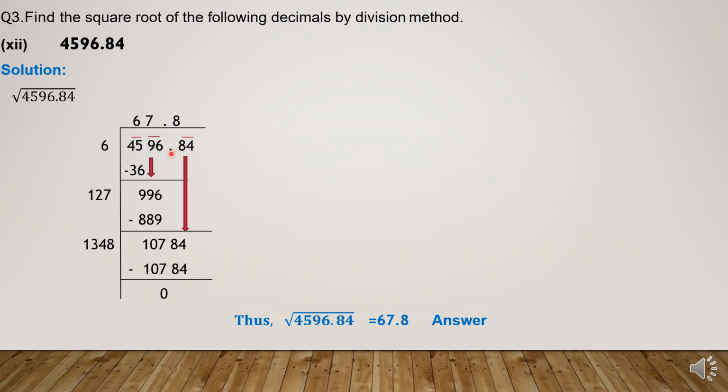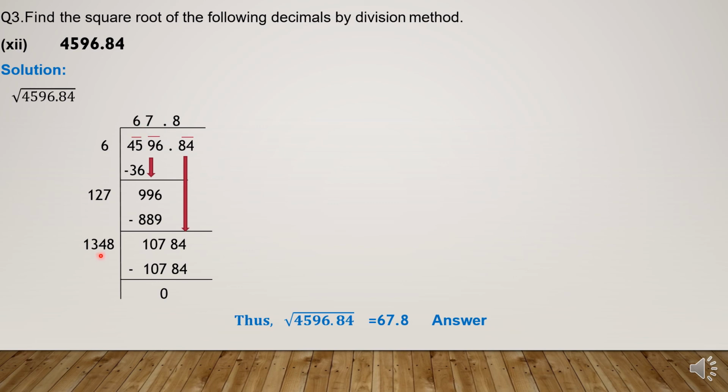Now it's the turn of the decimal point. It will move upward and 84 will come down. Now 10784, for this dividend we have to make a new divisor. How? 127 will be added in 7. 127 plus 7 is 134.